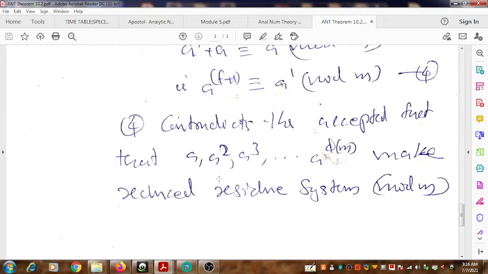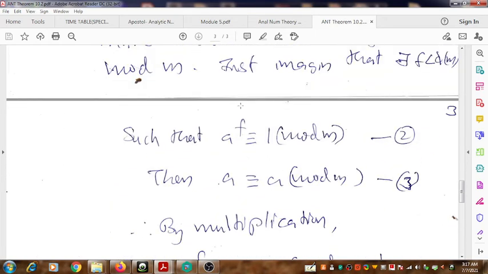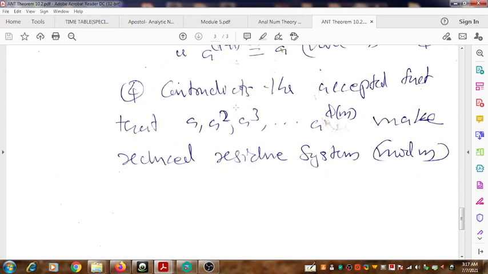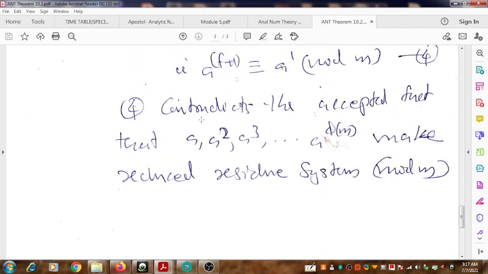So knowing that, you can say that we get the contradiction. By following the steps in the converse part of the proof, we have derived the conclusion that a, a square, a cube, etc., a raised to phi m does not make a reduced residue system mod m.